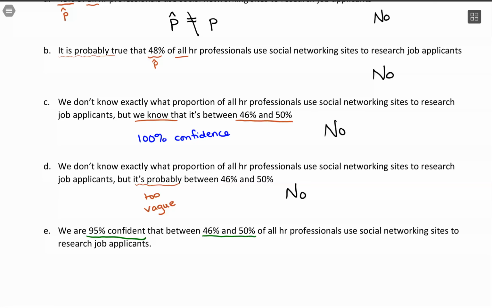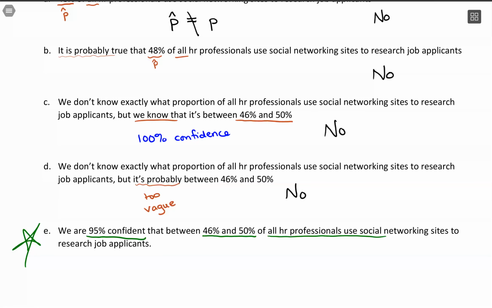And then this is where we see our wording for the population proportion. All HR professionals use social networking sites to research job applicants. So this is what we want. That's perfect. So that's the type of sentence that we want to make. You can see they don't mention the 48% anywhere in there, and that's because that's our sample proportion. So that's done with.